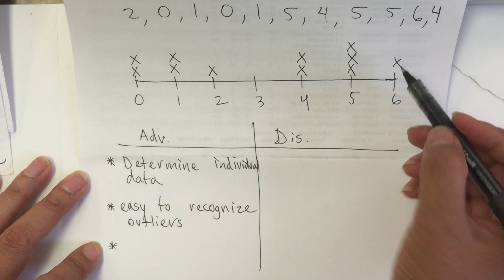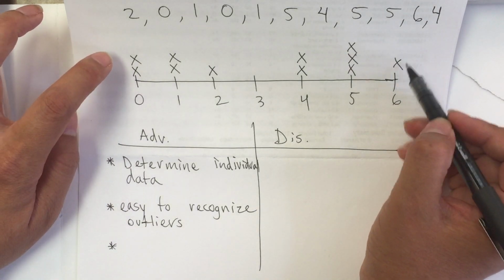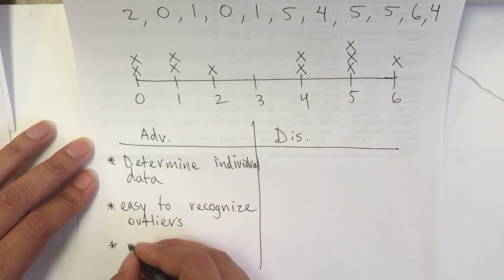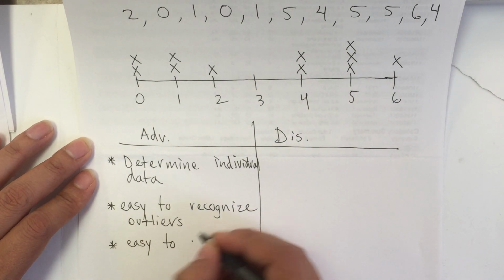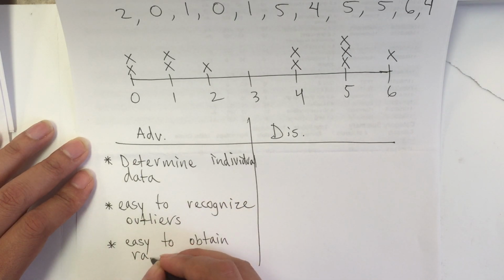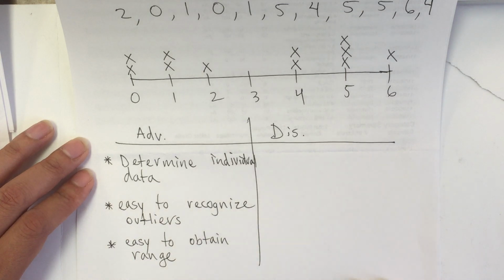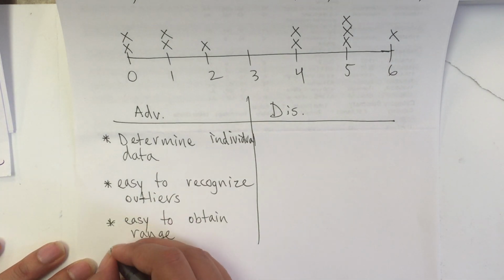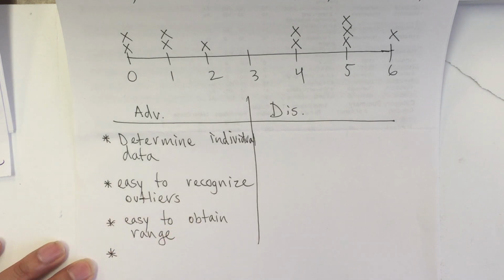Another advantage is that you can get the range easily because you get the biggest and the smallest number in here. So easy to obtain the range. And some of you guys said that it's very explicit.